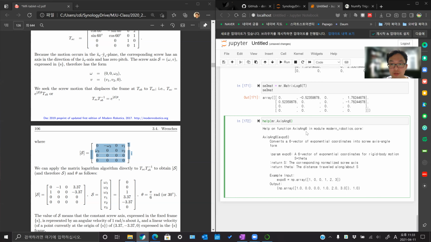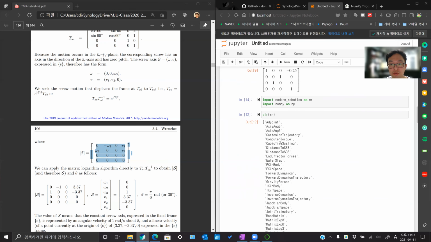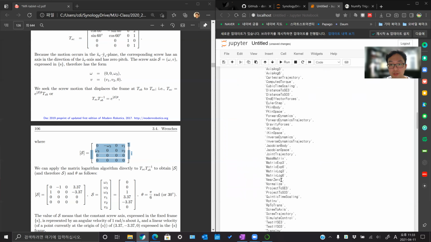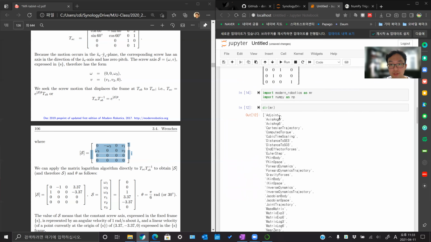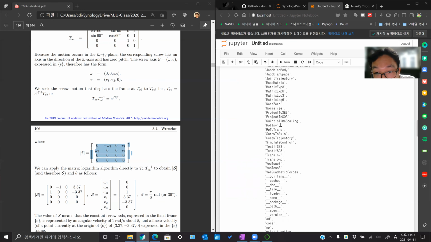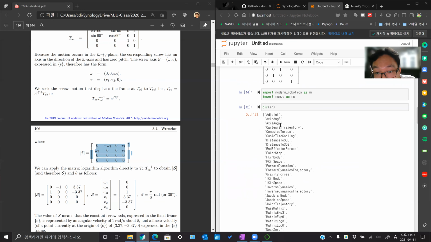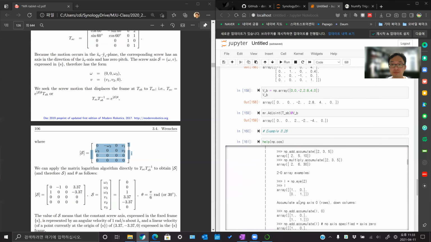So actually, we should use two functions. se3 to vector.